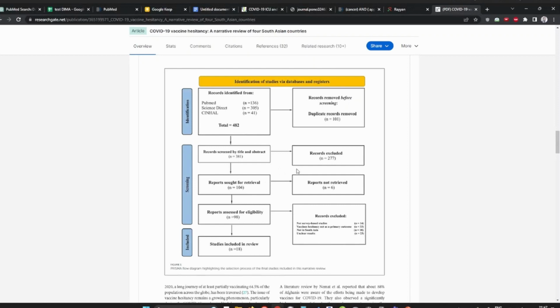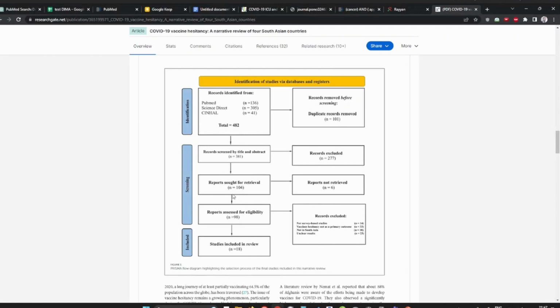In the full text screening phase, we have to get the full text of the articles. That may be possible sometimes, and sometimes not. We will find full text for some papers, and we may not be able to find full text for others. That is what these two boxes are talking about.